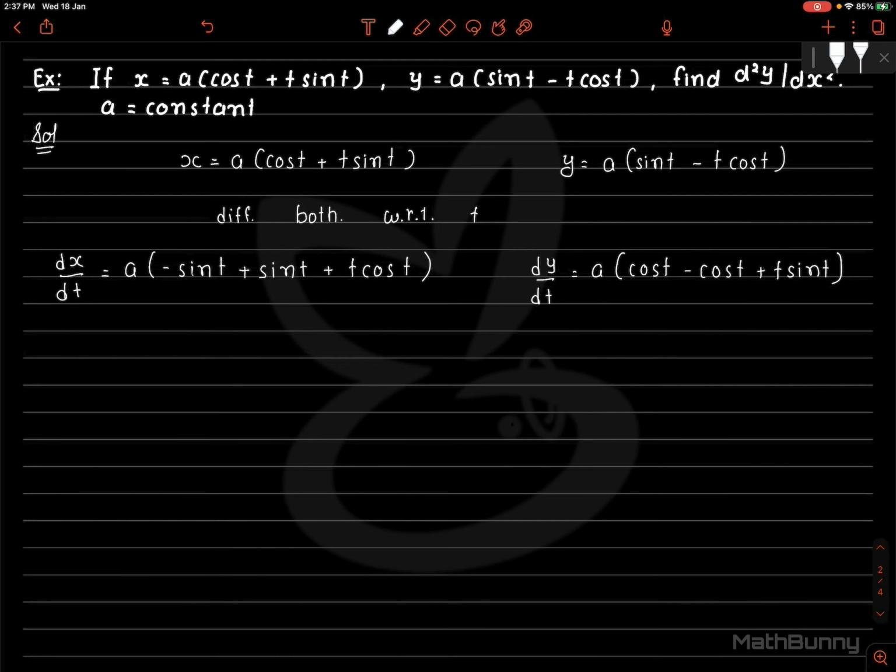Now, the final answer for dx upon dt would be at cos t. The final answer for dy upon dt would be at sin t.